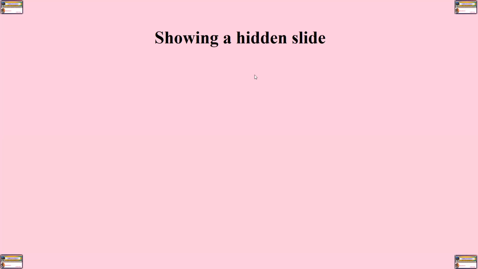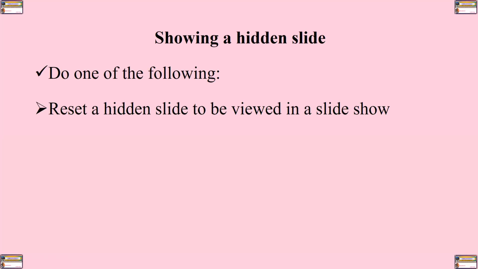So as you have just seen, for you to show a hidden slide, one way is to unhide it before you run the presentation. But if you want to show a hidden slide while you are running the presentation, in as much as it is hidden, you do the following. One, you reset a hidden slide to be viewed in a slideshow.